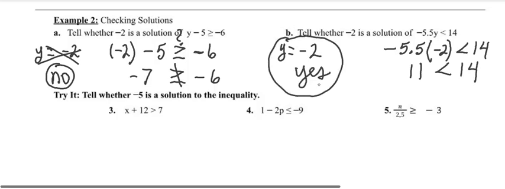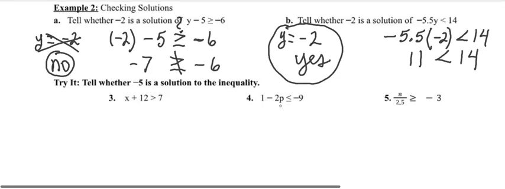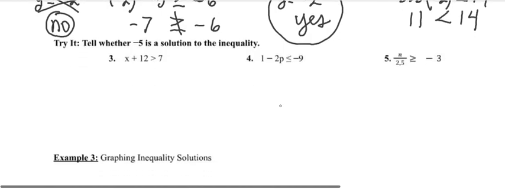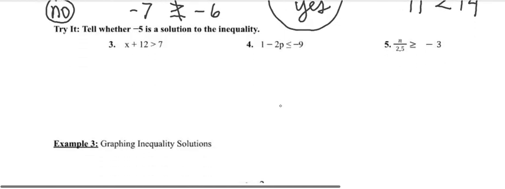Yes, it is a solution. Now, it's not the only solution, and that's the thing you have to remember with inequalities: there's actually a range of things that are going to be true. Then on number 3, could you try numbers 3, 4, and 5 on your own?